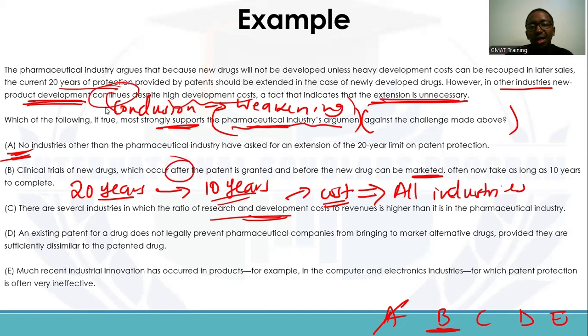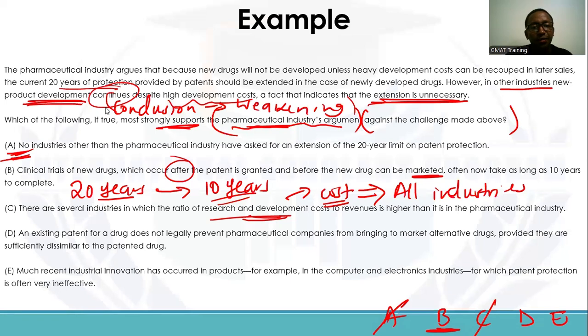So it's not really necessary that all industries have to be the same, or that the ratio of research development and revenue is the same, or it should be higher for an industry for this patent duration to be extended. So this is one of the out of scope answers.